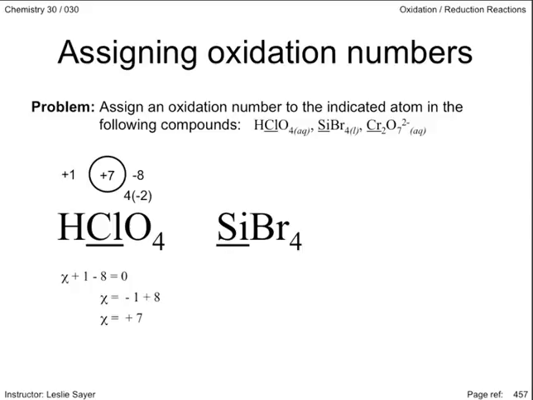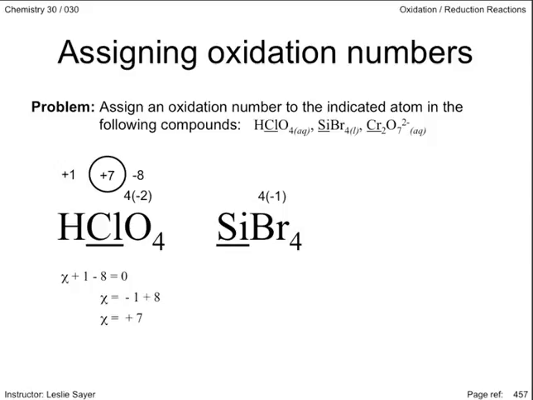Silicon tetrabromide does not contain any hydrogens or oxygens, so we look to Rule 5, in that the more electronegative element is assigned the oxidation number that is the same as their ionic charge. Bromine is far more electronegative at 3.0 to silicon's 1.9. Bromine's ionic charge of -1 becomes its oxidation number in this compound.